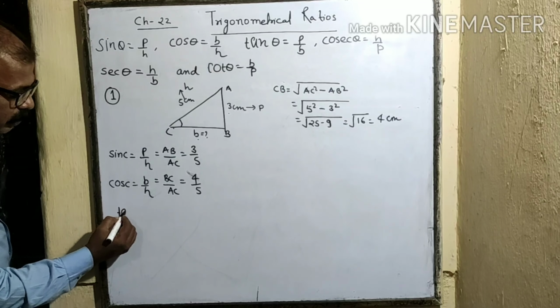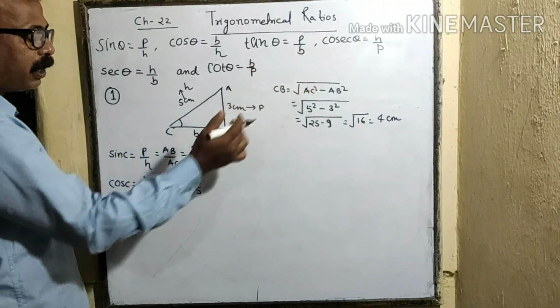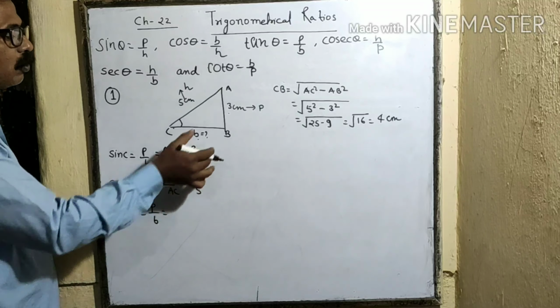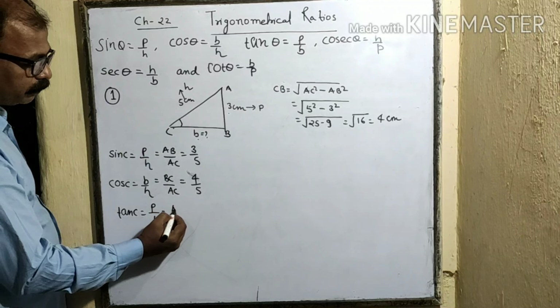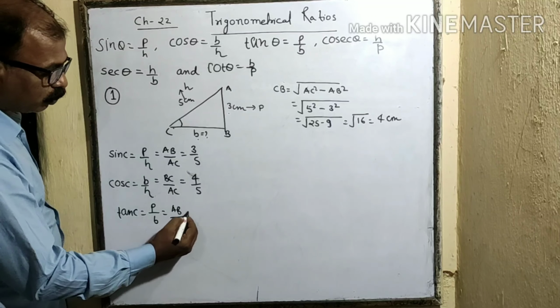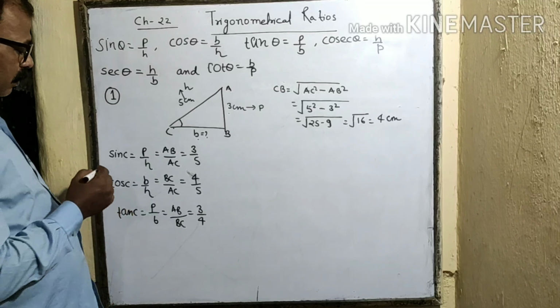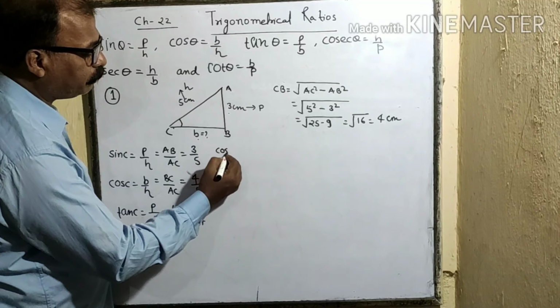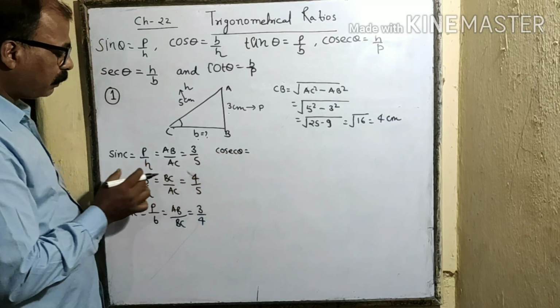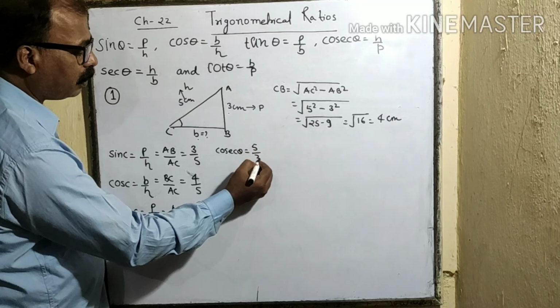If we have to find tan C, it will be P by B. Tan theta I have already explained as P by B. P is AB, and B is BC. So it comes out as 3 by 4. Cosec C is just the reciprocal of sin C, so cosec C will be 5 by 3.